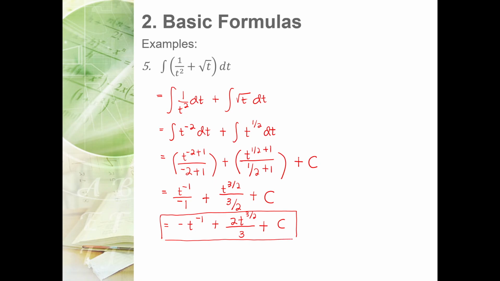And if you want to change it back, we usually don't prefer to see a negative exponent. So we prefer negative 1 all over t plus 2t to the power of 3 halves all over 3 plus c. So this is the preferred answer.